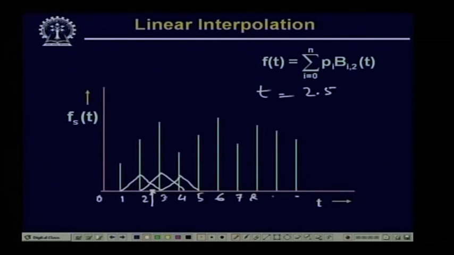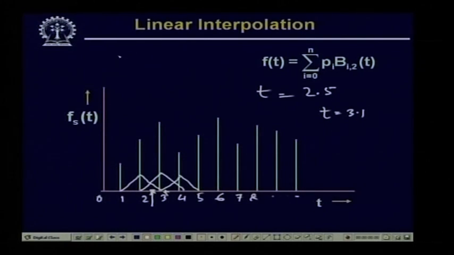Now, you take a case that I want to interpolate this function value f t at t equal to, say, 3.1, that means somewhere here. So, if I want to do this, then what I have to do is this will be an interpolation of P 3.